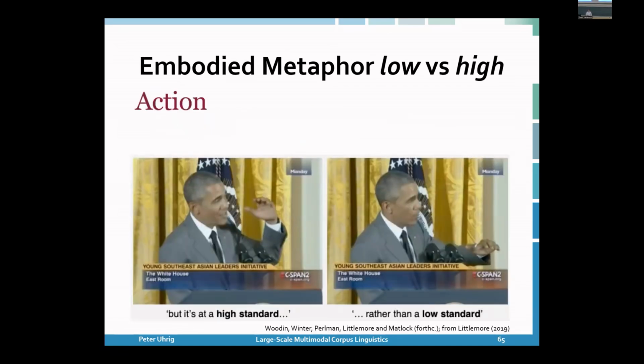But still, this is from a speech by President Obama that Woodin and colleagues actually found and said, okay, we saw that here he says high unemployment, low unemployment, or something like that. And we see that there's a corresponding hand gesture, which might indicate that we think about high unemployment as something higher than about low unemployment. So the metaphor might not be fully dead.